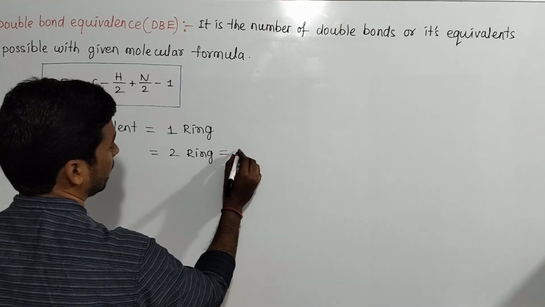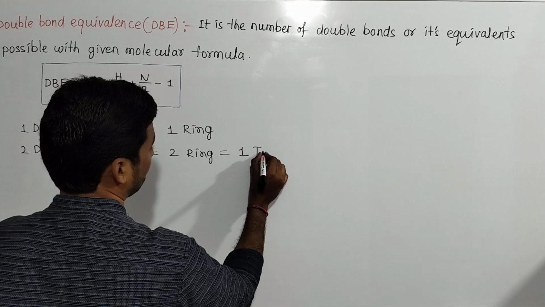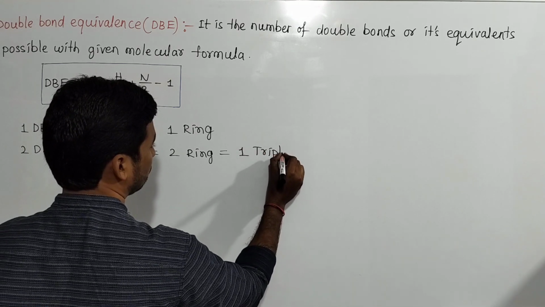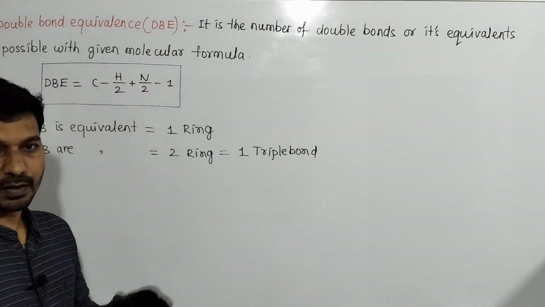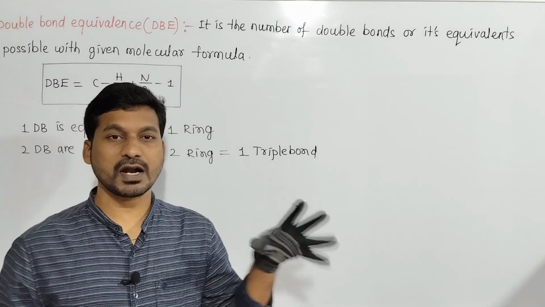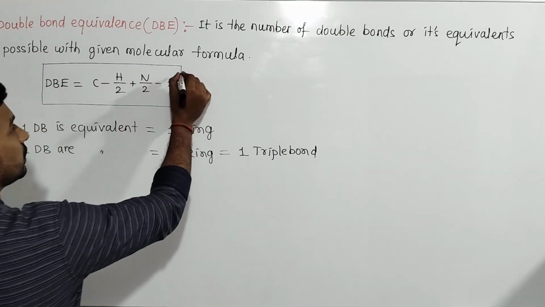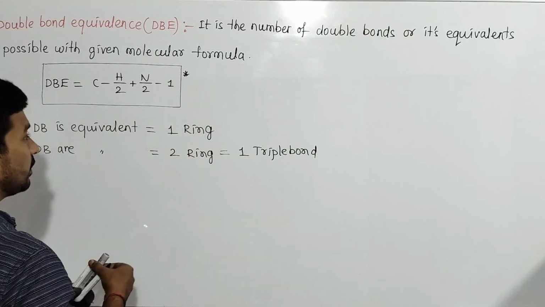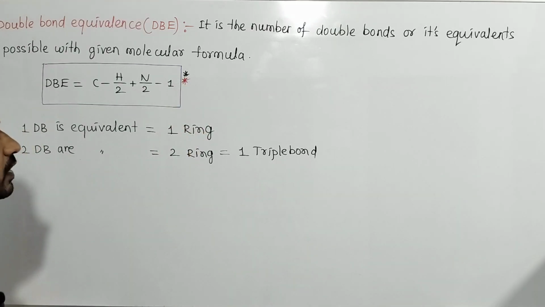Two rings are equivalent to one triple bond. The double bonds or equivalents of double bonds can be calculated by using this formula. This is an important formula, helpful to determine the number of possible structural isomers.